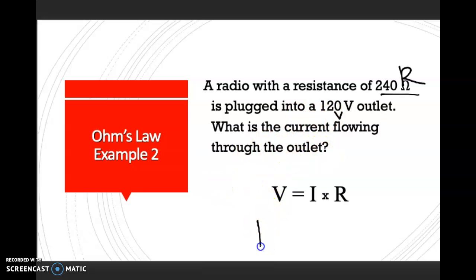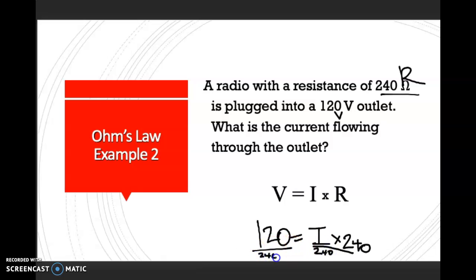Let's see. I'm going to do 120 in place of the volts, and the current I don't know, so I'm going to leave that as an I, and the resistance is 240. All right, how do I solve for I? I need to get I by itself, so I'm going to divide both sides by 240.